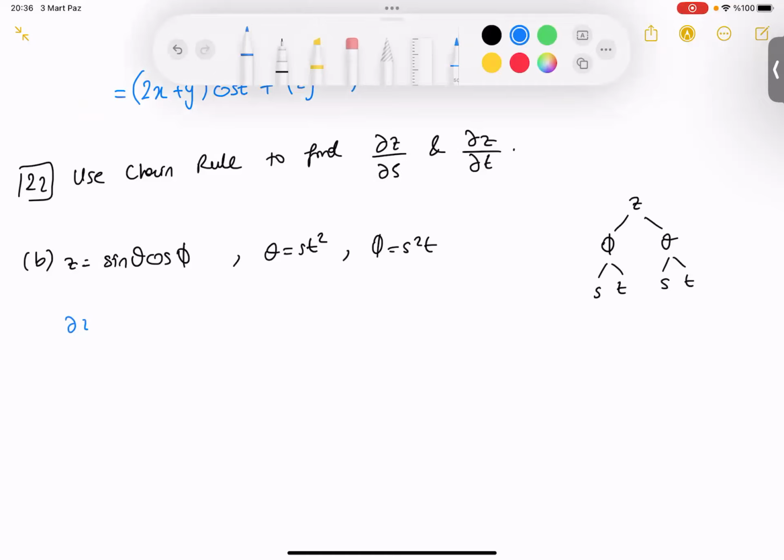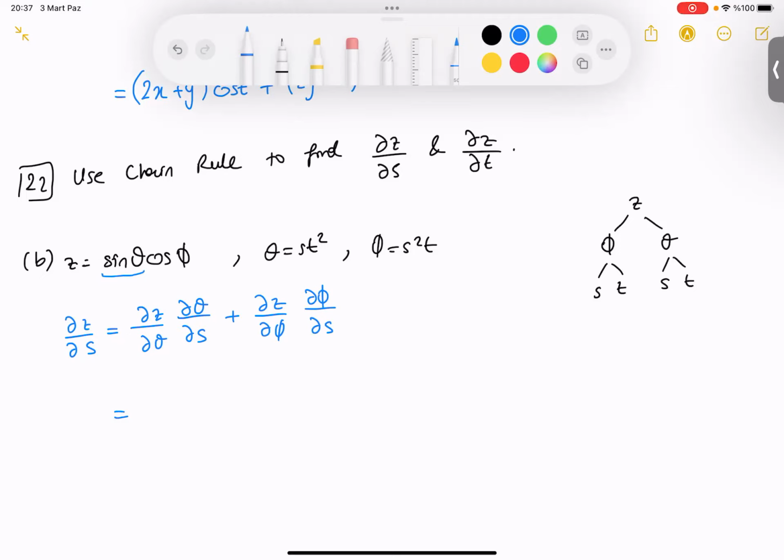Now dz over ds, let's first find that. dz over d theta, then d theta over ds, plus dz over d phi, d phi over ds. Now dz over d theta is, here we have sine theta.